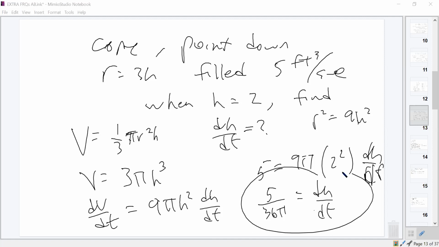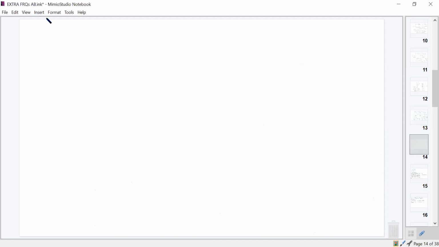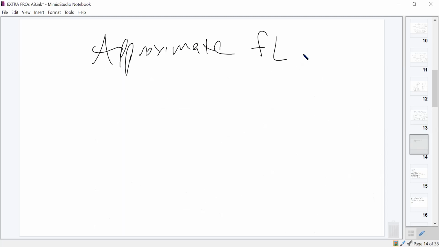So let's see. Cassie, one using linearization. Okay, so linearization, usually they'll ask you to do something like approximate f of 2.1 if f of x equals some unpleasant function.